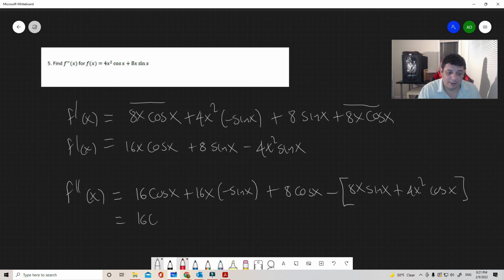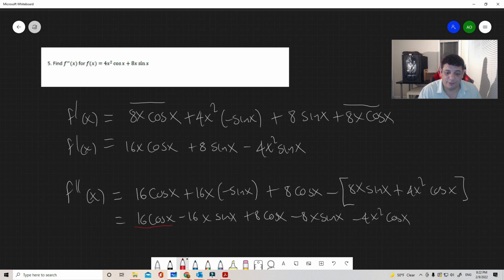So this is going to give me 16 cosine of x minus 16x sine of x plus a cosine of x. And then from here, I'm getting minus 8x sine of x and minus 4x squared cosine of x. I've got to be really careful when folding this, making sure that I have common things.